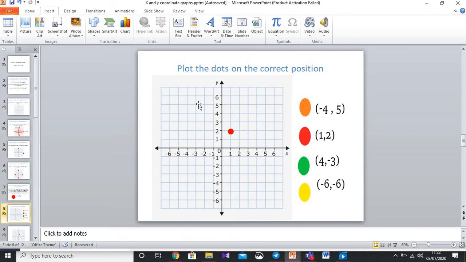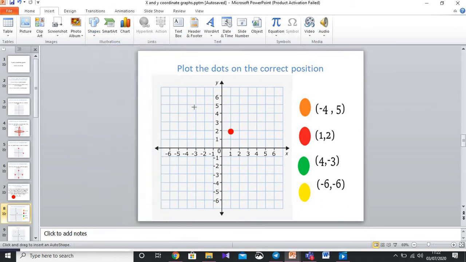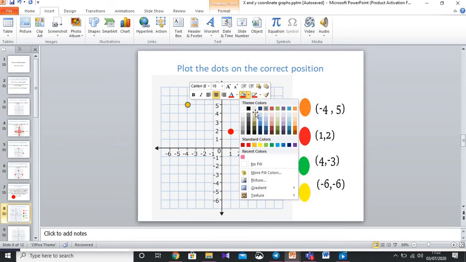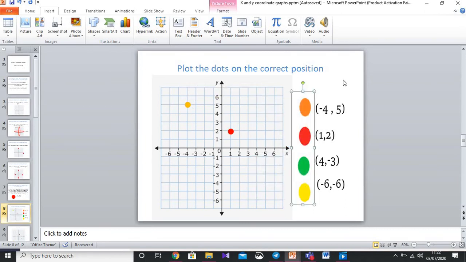The meeting point of both of them is the position of the orange dot. Okay. I'm going to make this in orange color. Great, it looks like a bit of yellow.